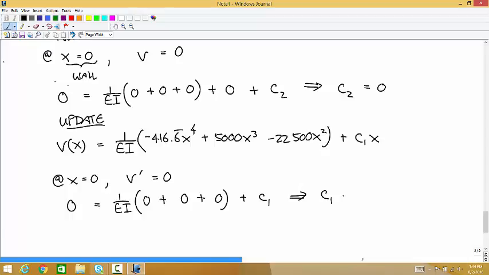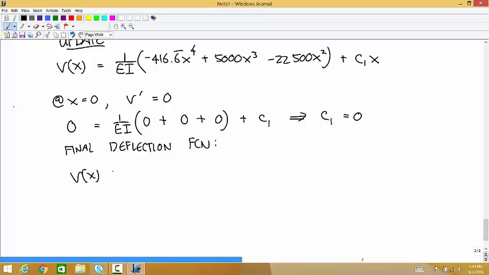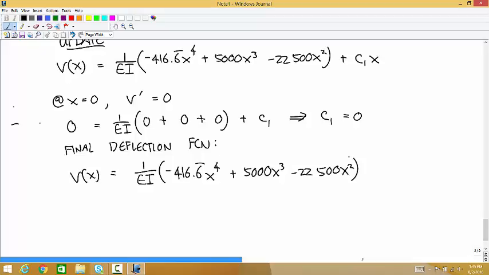So we can use that to calculate that C1 is equal to 0. And our final deflection function says v of x is equal to 1 over EI times negative 416.6 repeating x to the fourth plus 5,000 x cubed minus 22,500 x squared, and nothing else because we calculated that those two constants were equal to 0.